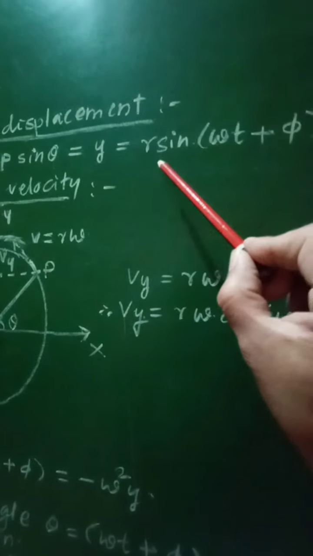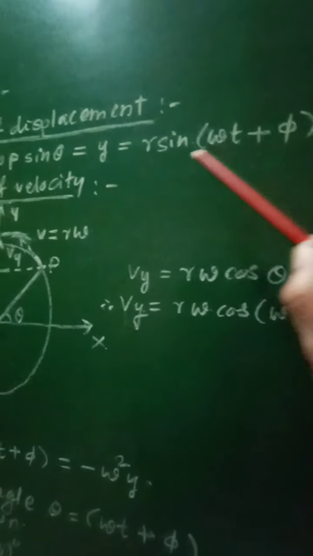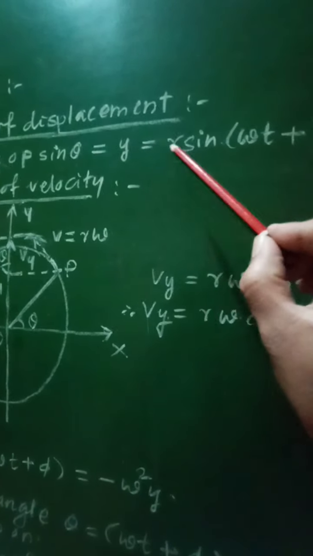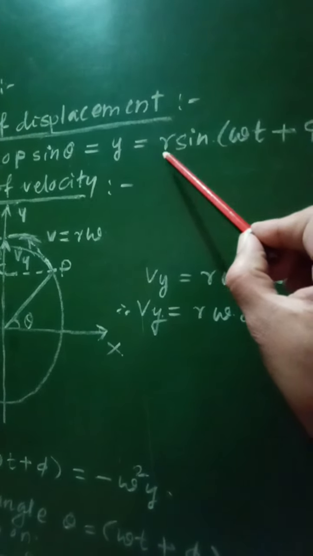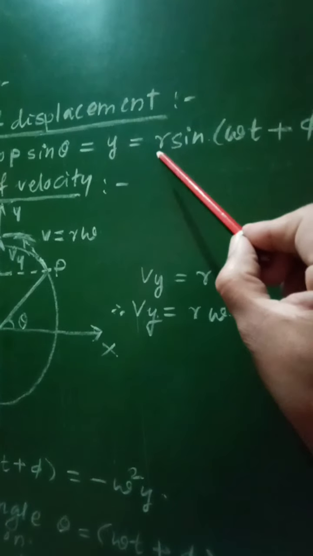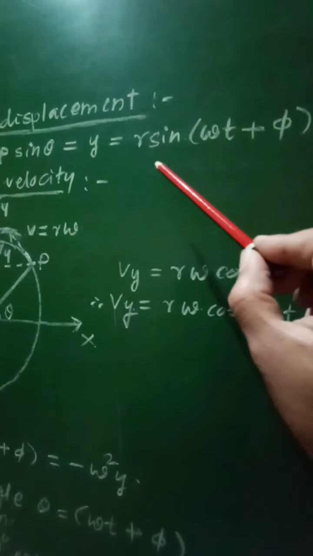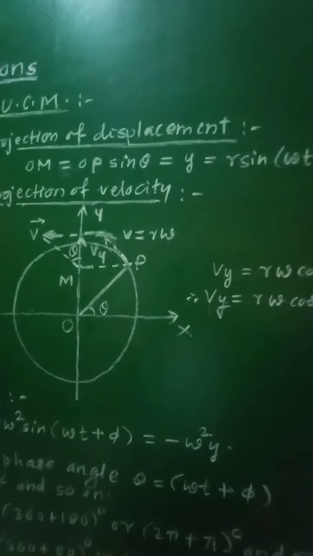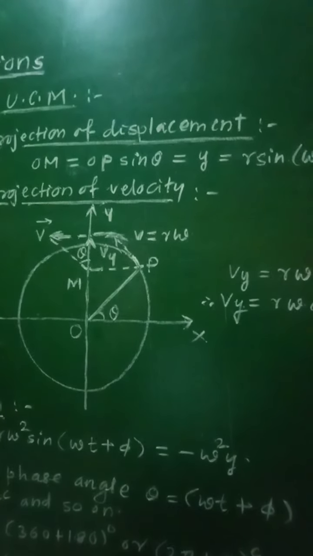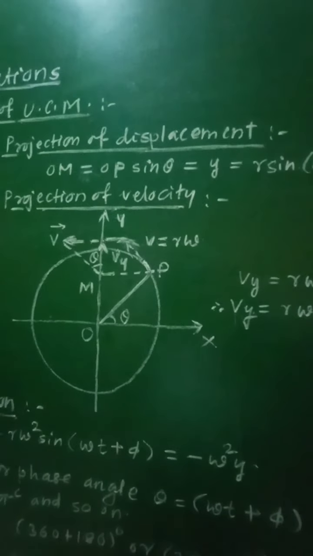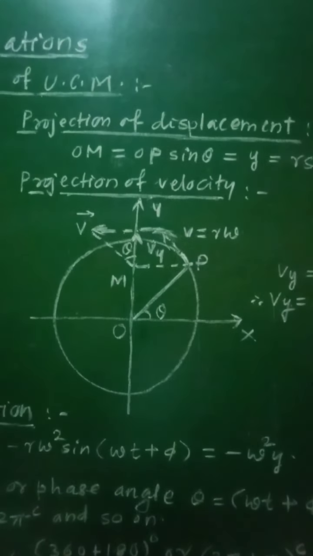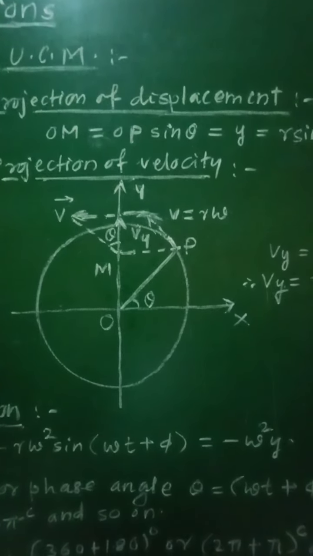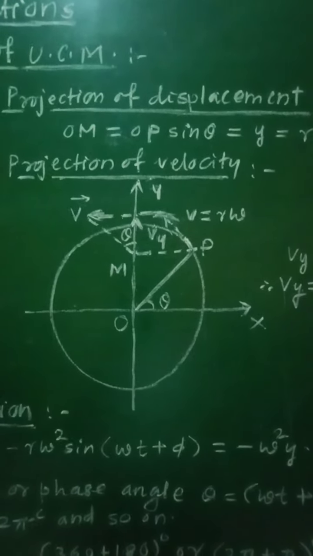Here x will be replaced by y, which will represent displacement, and a will be replaced by r. So r will be the amplitude of this SHM, and therefore this equation will represent the displacement of linear SHM. So the particle is performing uniform circular motion, and its projection will represent simple harmonic motion, that is SHM.